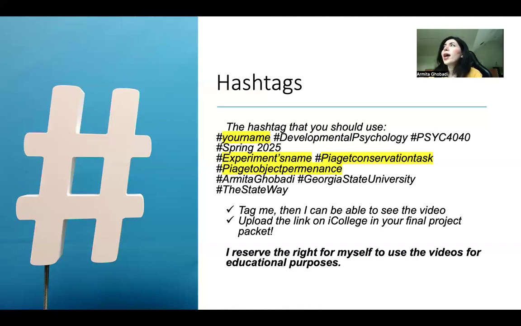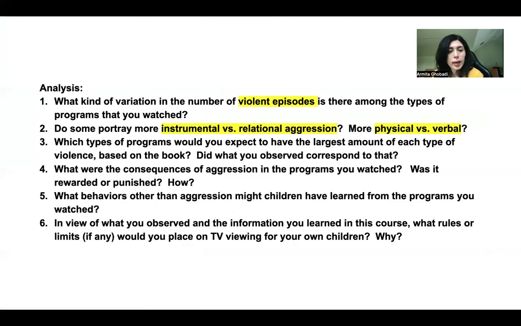For each of them, at the end of the day, you're going to conclude what is happening with each TV show. And I want you to answer the specific questions. Let me show you again here, one by one, or you can just do that as a paragraph at the end. And you're going to answer them, and you're going to conclude whether children should watch those shows at all, or parents should cut down any kind of TV exposure for their kids.